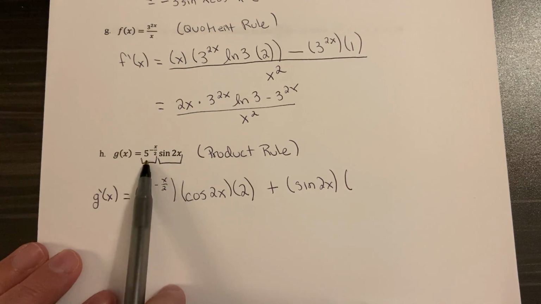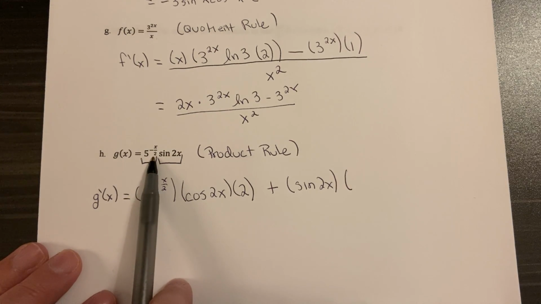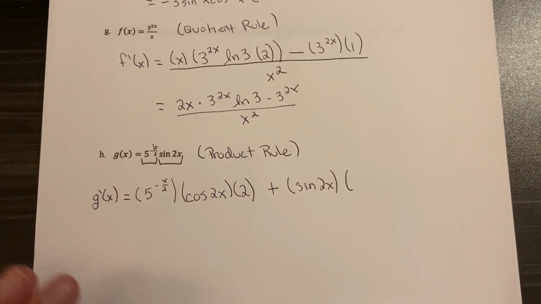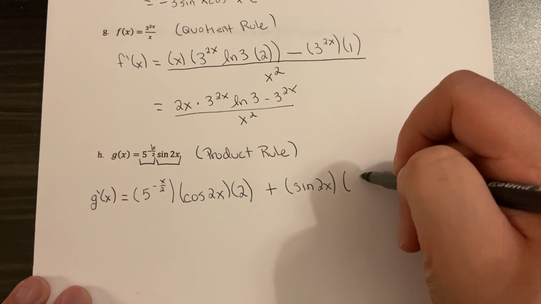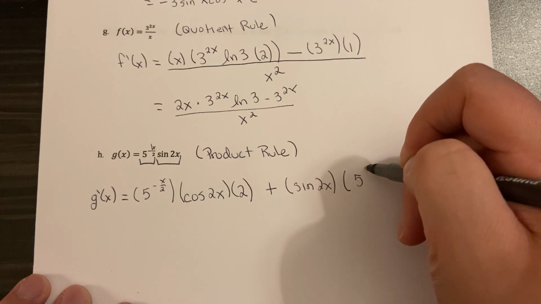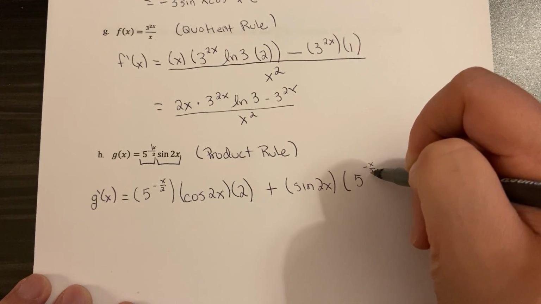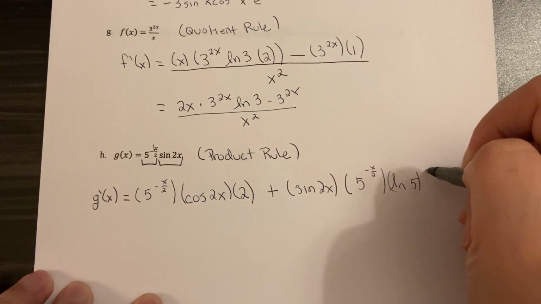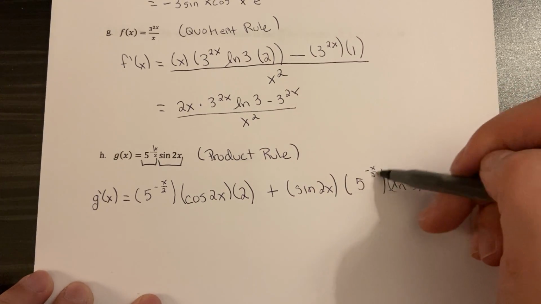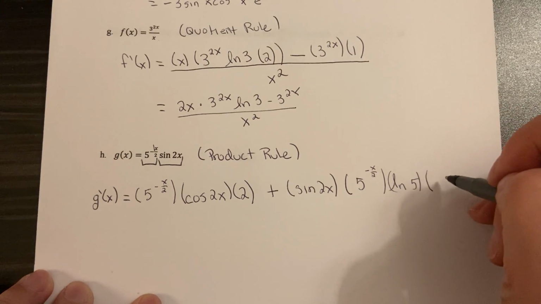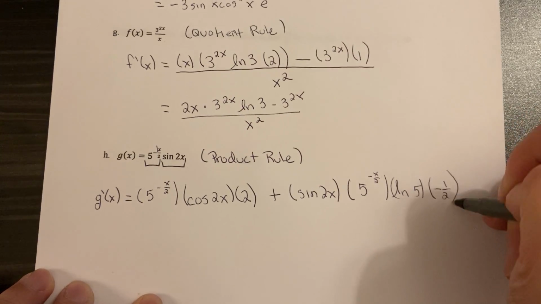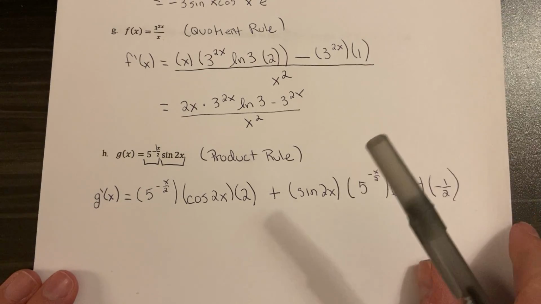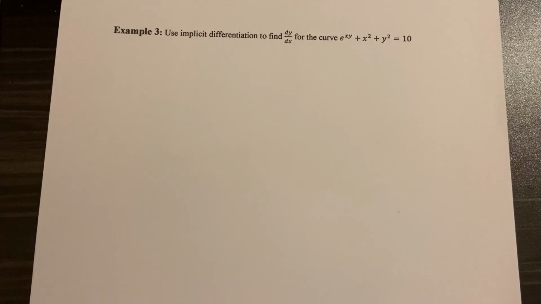Now that's a b to the x scenario. Think of this more as a 1/2 x there. So that's going to be 5 to the negative x over 2 times ln of 5 times the derivative of this exponent, which is just -1/2. And I'm not going to go any further with that one. Okay, but that's the general idea.